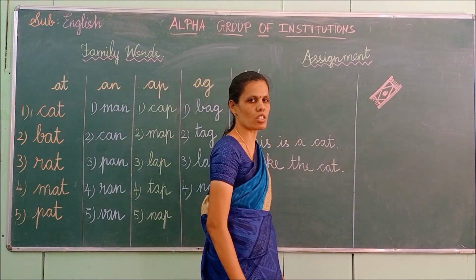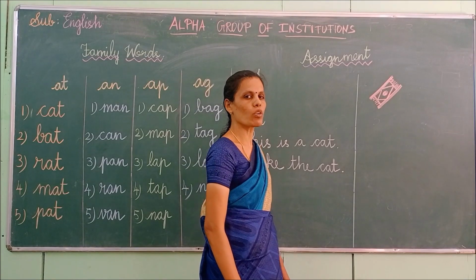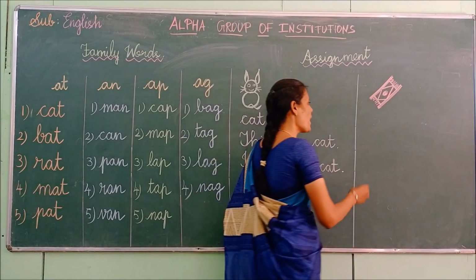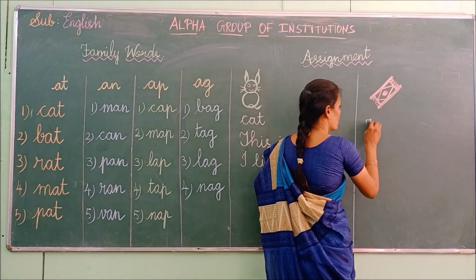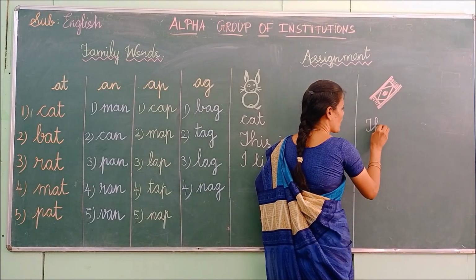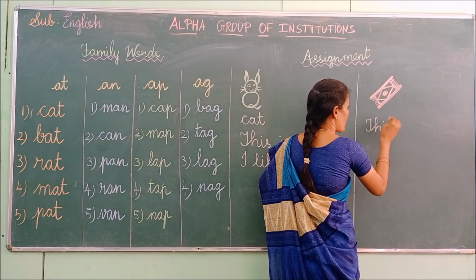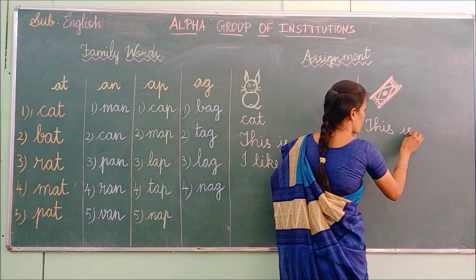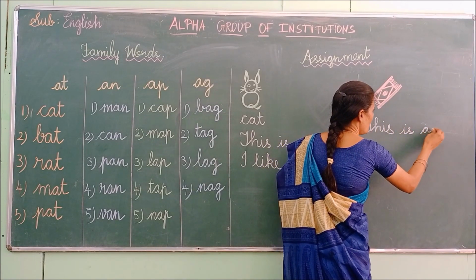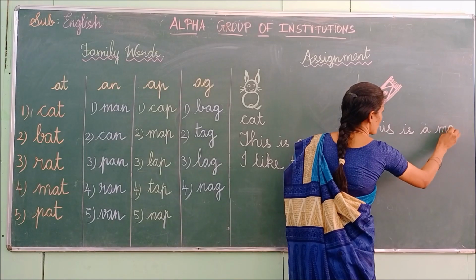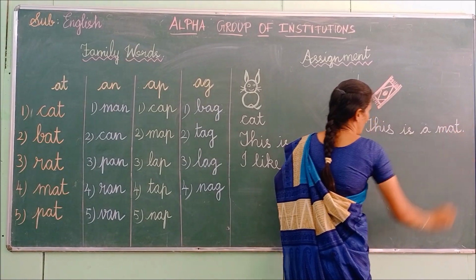Next, here we have mat. What picture is this? Mat. Now we are going to frame sentences. This is a mat.